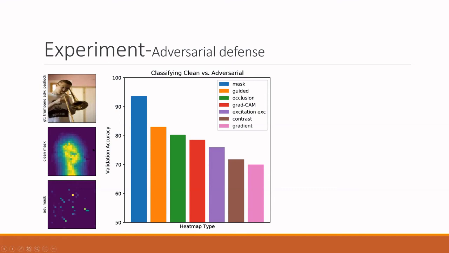On the right, this graph shows the accuracy of a binary classifier. This classifier is going to classify whether this image is clean or adversarial. In this experiment, the author doesn't show the result, but they also tested and found that this proposed mask can recover the image from adversarial examples.